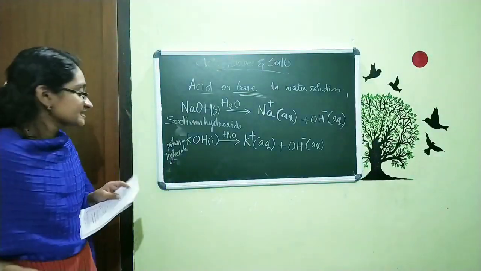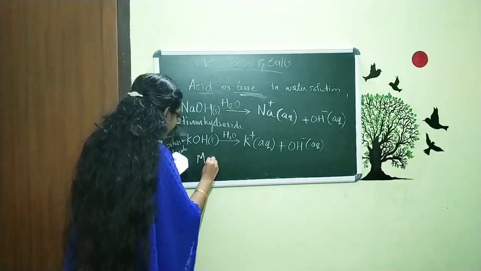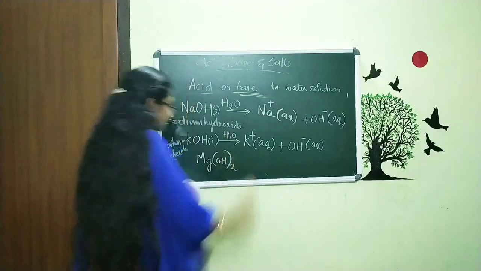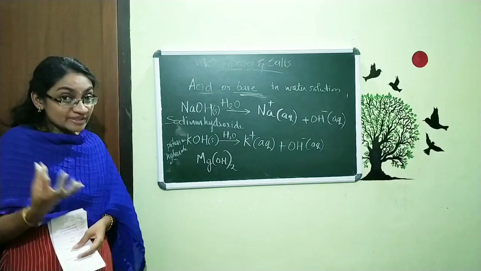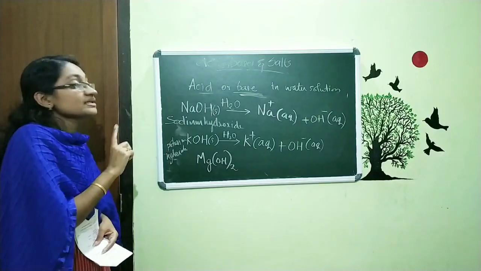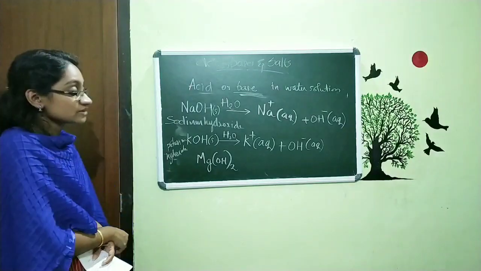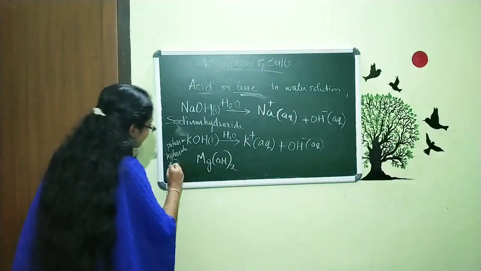We are also checking another reaction, magnesium hydroxide, Mg(OH)2. We are using these bases and acids with these equations. That's why I said in the first class that you need to study the names and the chemical formulas also. Mg(OH)2 is magnesium hydroxide.